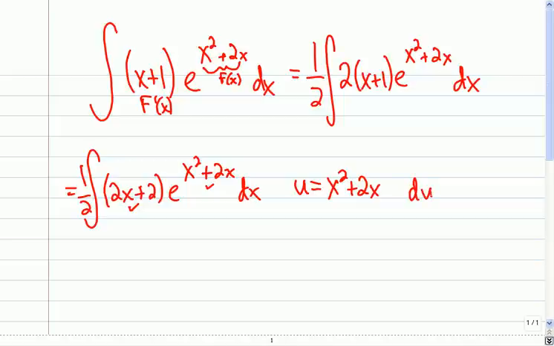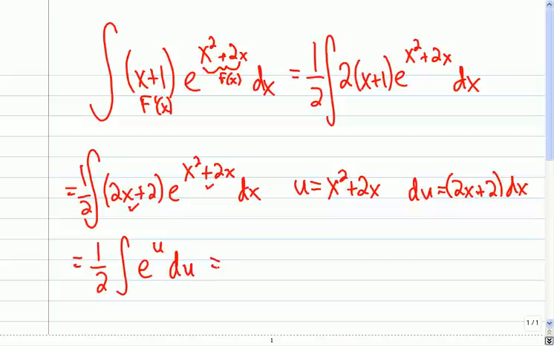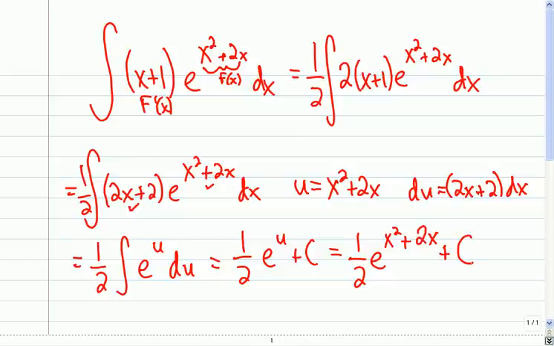The differential for u is 2x plus 2. So now I can replace those pieces, and I would have 1/2 the integral e to the u du. So 1/2 e to the u plus a constant. So 1/2 e to the x squared plus 2x and a constant.